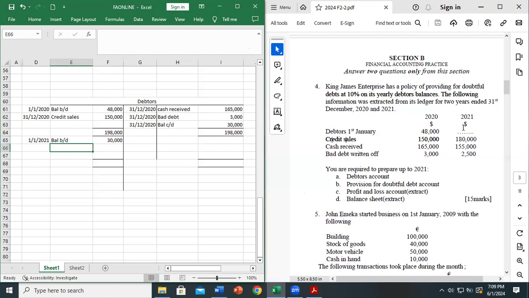So you now pick the information for 2021 and use it to prepare the debtors account. And we have credit sales, cash received, and bad debt, which is very, very simple. So you just put them in. Have your credit sales. Then we also have the cash received.